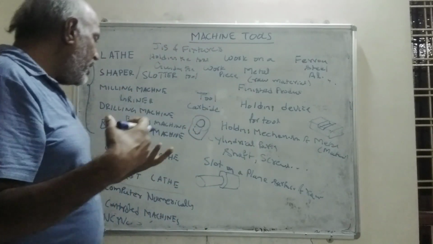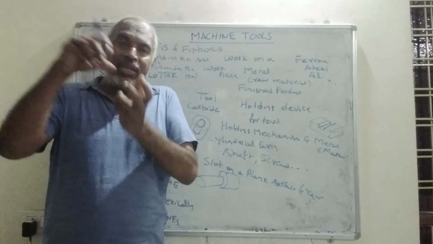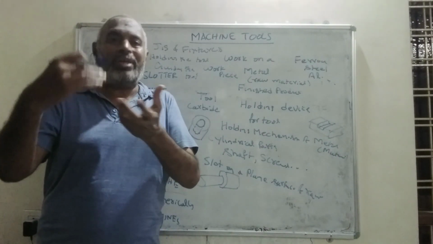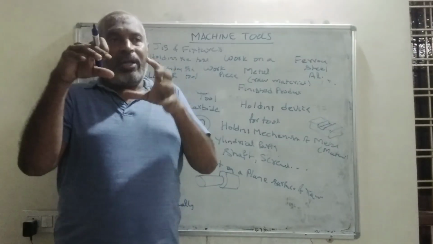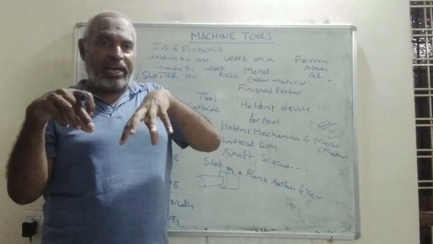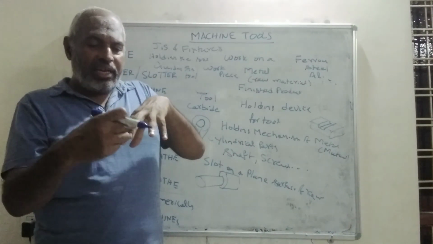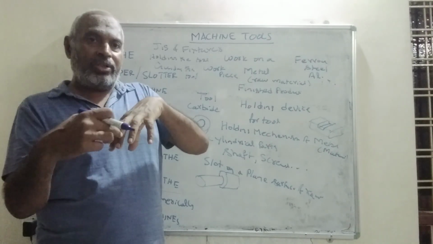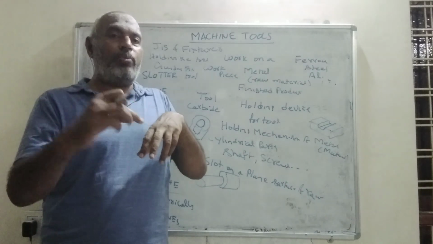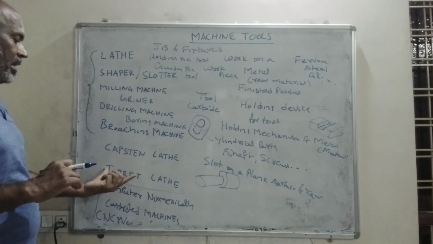So automatically, you are not unloading the tool and not trying to put another tool on the simple lathe, and you save time. Automatically this tool holder will have a turret position. It will rotate, especially in the lathe machines, and a number of different tools will be on that. So by rotating the turret, a new tool will come to the workpiece and remove the material. So this is about the capstan and turret lathe.